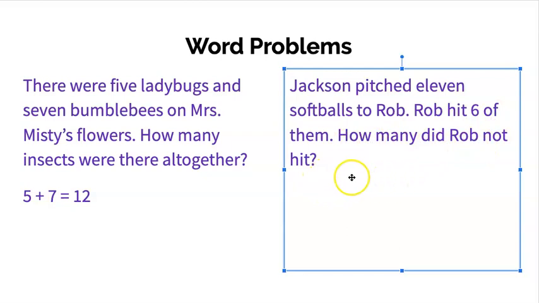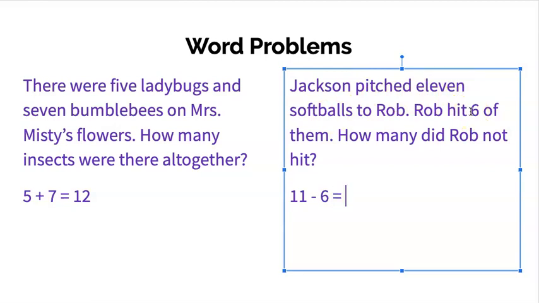The way we find out how many he did not hit, we have to take our big number, which is 11. And then we're going to subtract, because we're finding out how many he didn't hit. So 11 minus 6, because he hit 6 of them, so we take the total, which was 11, find out how many he hit, and then that'll give us how many he didn't hit.